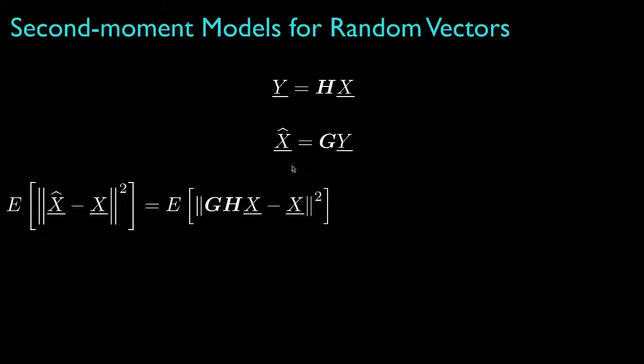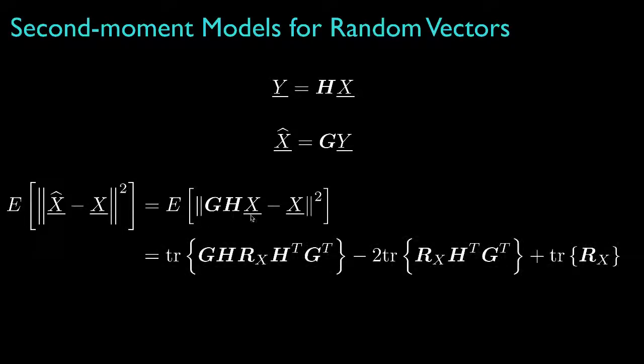Now to do this, we'll pick the matrix G to minimize the mean square error, where we can write our estimate for x as the product of G times H times x. Now if we use the trace notation and expand the outer product, we'll find that the mean square error contains these terms.